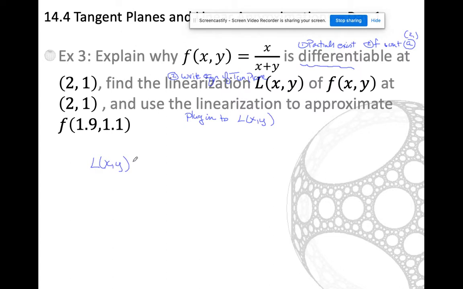z is approximately two-thirds, which I got up here, right? f of 2, 1, plus those derivatives that I erased. What was it? Oh, it was 1/9 times x minus 2, and then negative 2/9 times y minus 1. And nobody told me a form to leave it in, so I can just leave it that way, right?